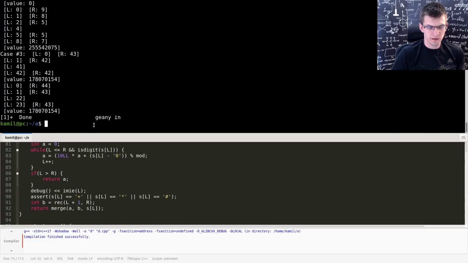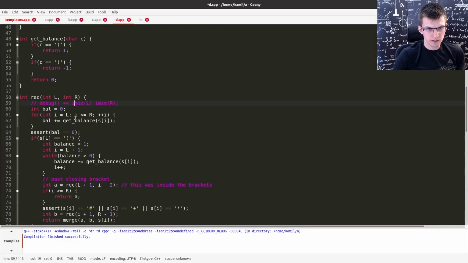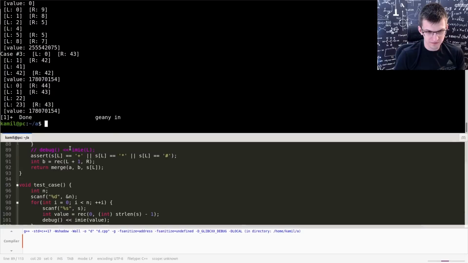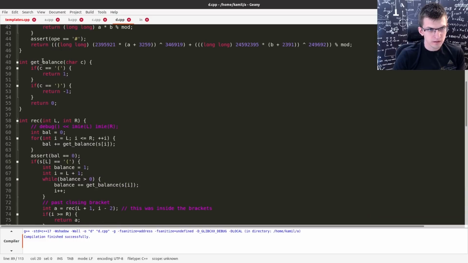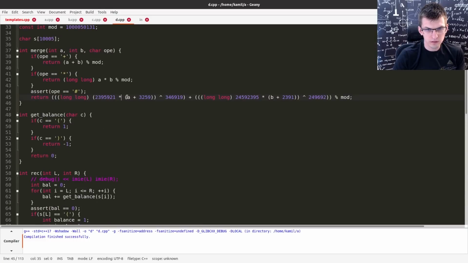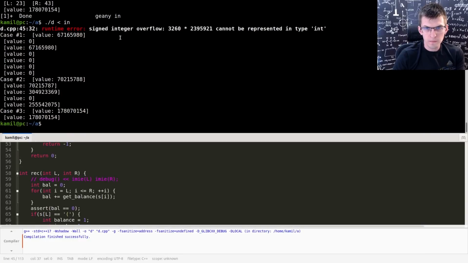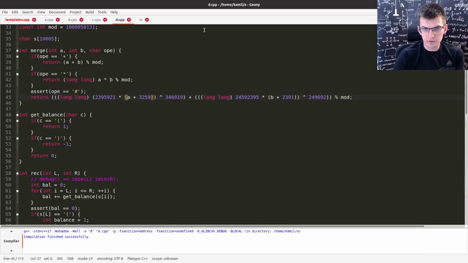Cool. Then remove that because I don't see stuff. Oh, runtime error. Line 45. And what do you want? 0 times 2, 3. Oh, the casting to long is in proper place. Just do this.